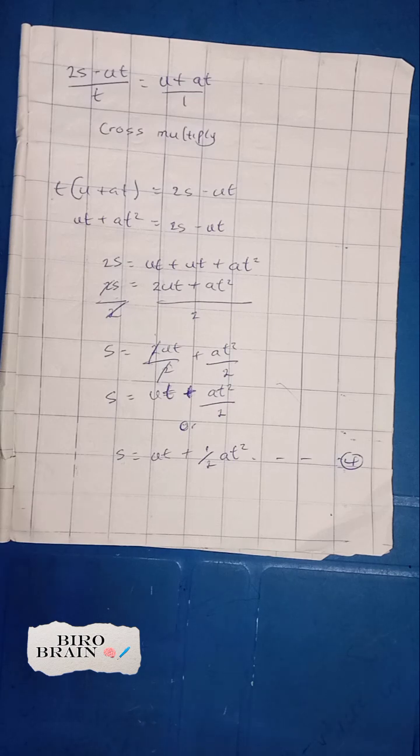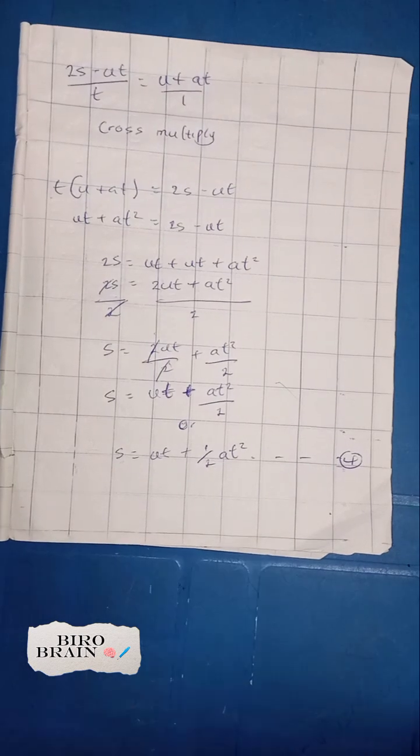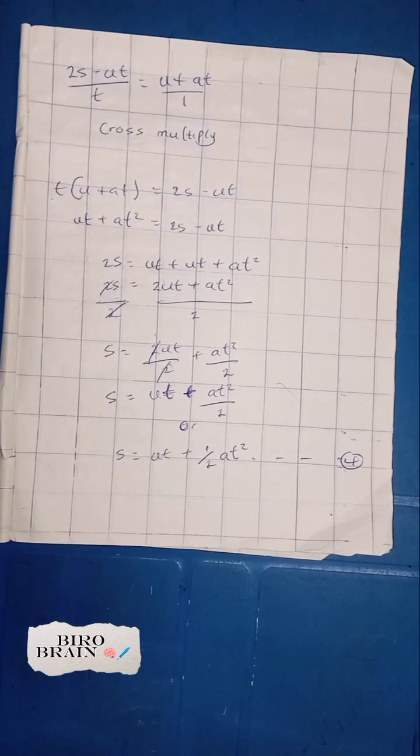Then the third equation of motion, we eliminated the value of t from equation 1 and equation 2, then equated the values of those eliminated equations, and that's how we got our third equation of motion. Then the fourth equation of motion, we eliminated the value of v from that same equation 1 and 2. So it's very easy.